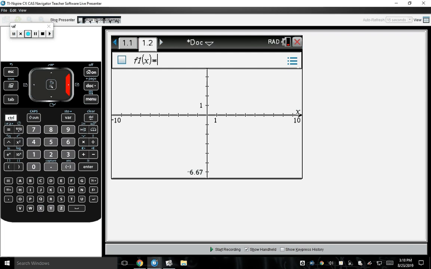Negative is the button underneath 3. Please do not use the minus, because there's a big difference between those and sometimes it won't work. So negative x squared is next to this 4, and we're going to do plus 4, and press enter.